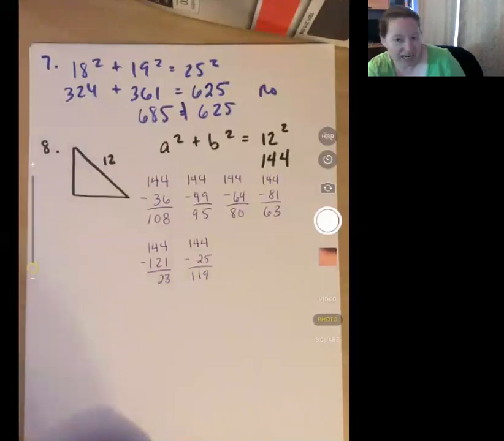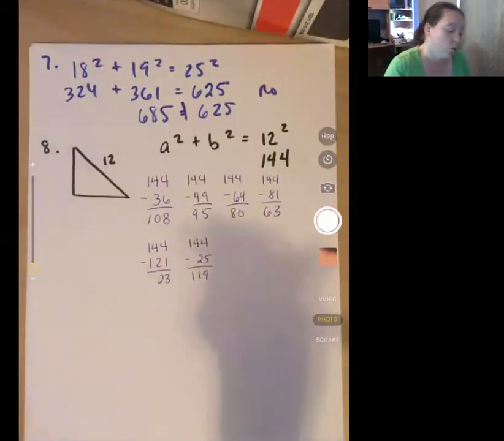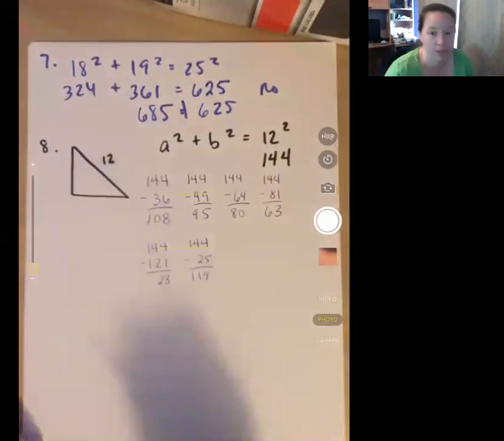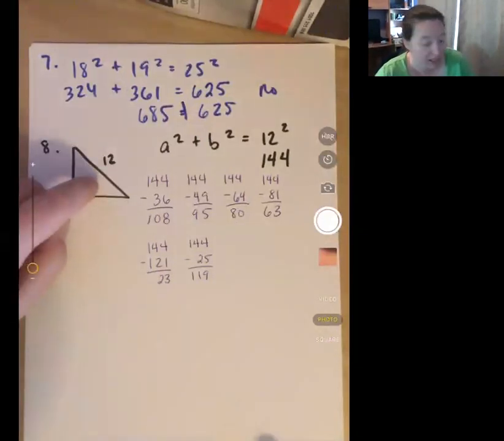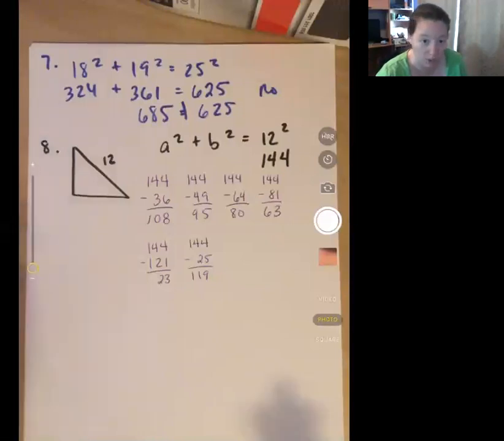So nope. There is no way those numbers are going to be whole numbers. They're going to be partial numbers. It's not that he can't make that a 12. It's that neither one of these, or both of them, cannot be whole numbers.